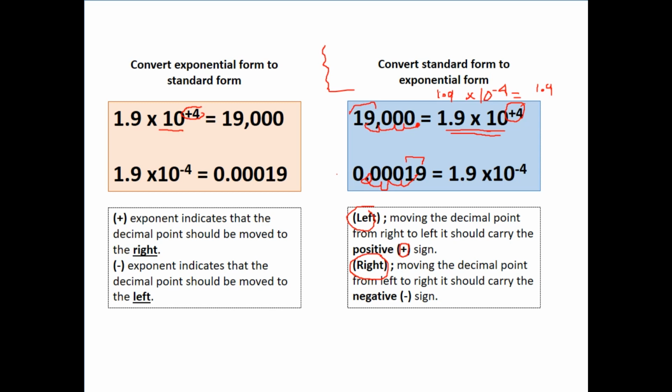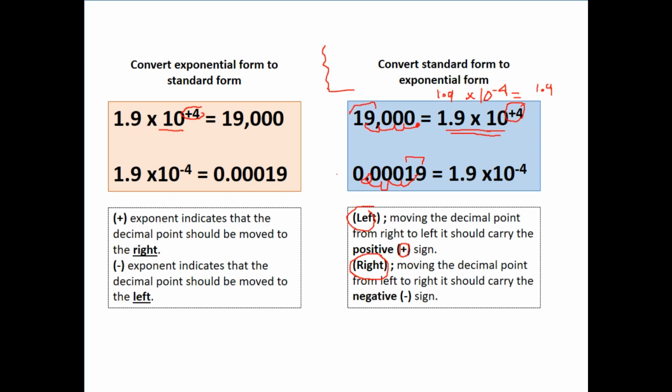So this time we will practice how to convert standard form to exponential form. So we will reverse it. Since we have 19,000 as our standard form, and we also have 0.00019 in decimal form, we will convert them to exponential form.